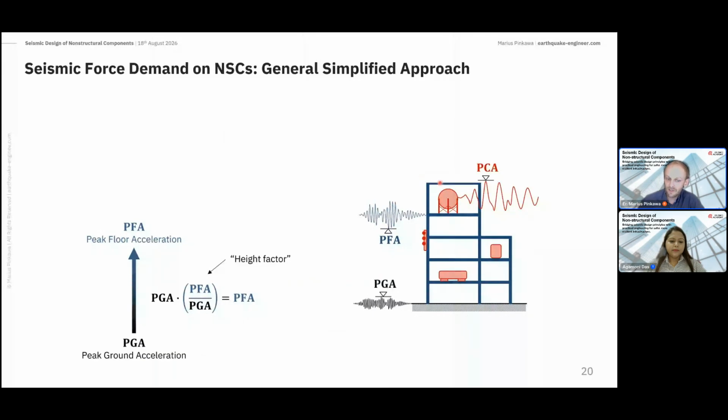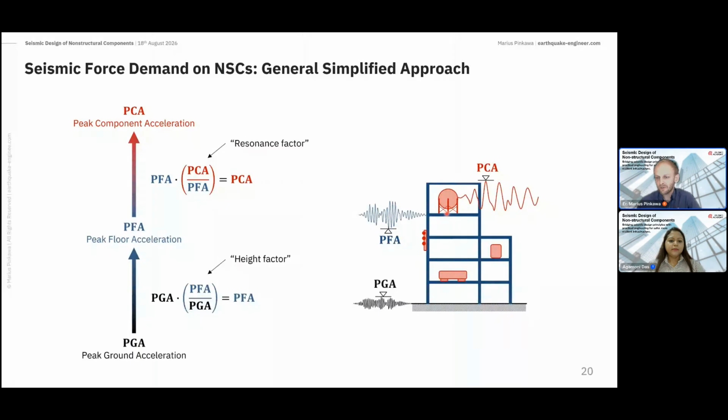And then there is the second step, because it is a cascaded approach. Then we take a guess from the peak floor acceleration to the peak component acceleration. Again, we have such an amplification factor, which I like to call the resonance factor, because if the period of the component is the same as that of the building, we have resonance effects, and this amplification factor becomes really large.